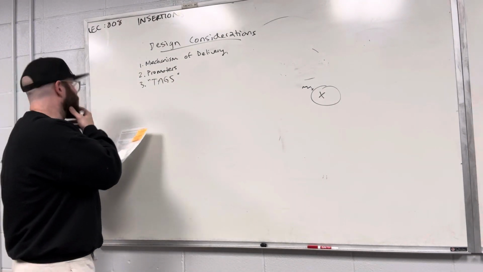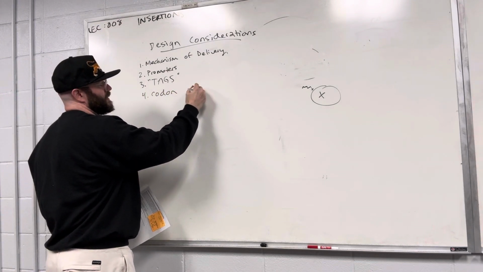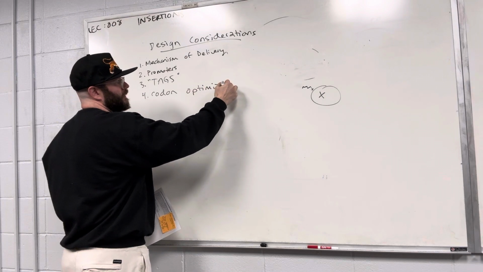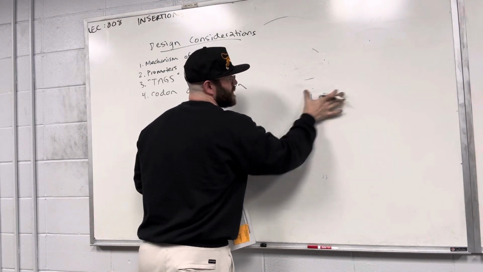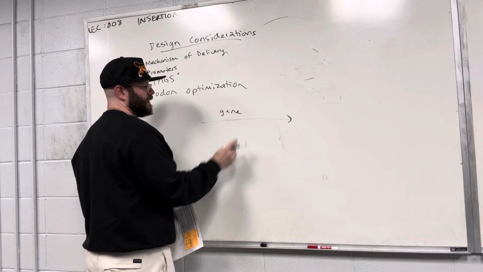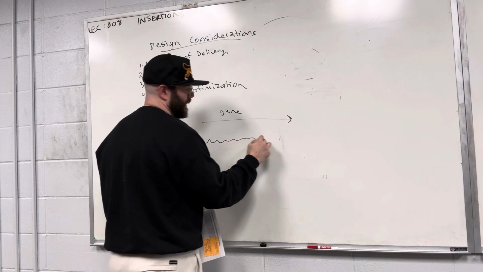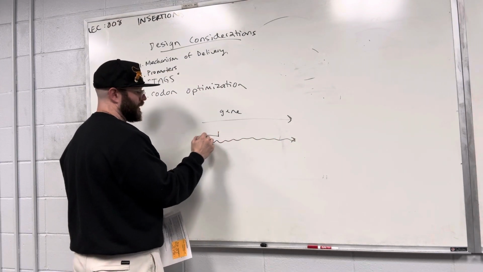Another thing you might think through is codon optimization. Okay, so remember back to the central dogma. You have a gene, and the gene makes messenger RNA, and there's codons, okay?